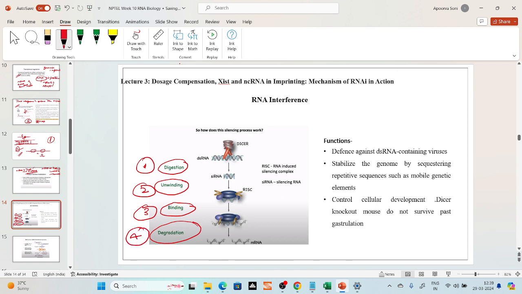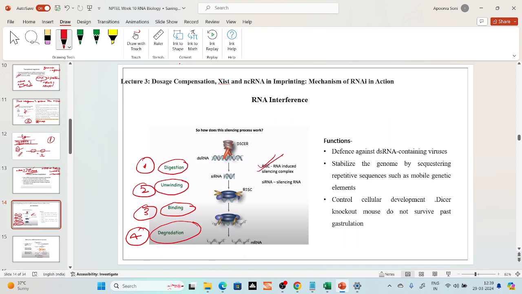So this is one, two, three, four. Digestion of the RNA to form the siRNA. Unwinding so that it can bind to the RISC complex. What is RISC complex? RNA-induced silencing complex. That means the complex which is required for the silencing of the mRNA. This is important. Remember the name.